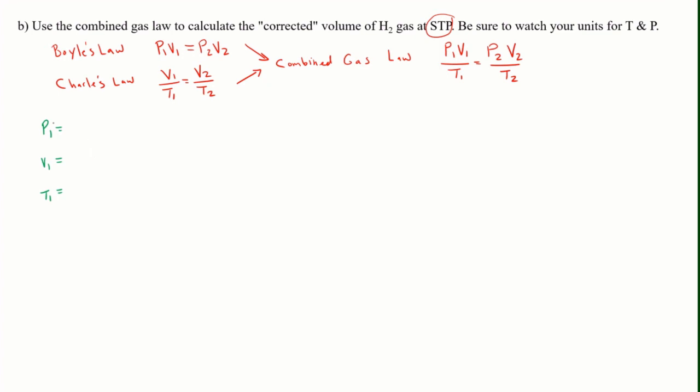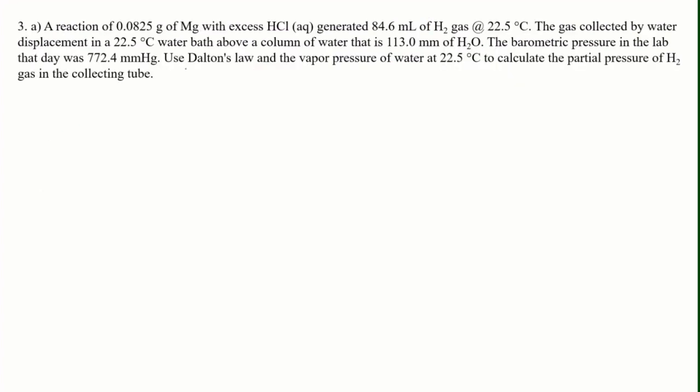P1 is what we solved for in 3A, and the problem has the volume of the gas. It also has the temperature of the gas in degrees Celsius. If you remember, we solved that the pressure of hydrogen gas is equal to 743.4 millimeters of mercury.